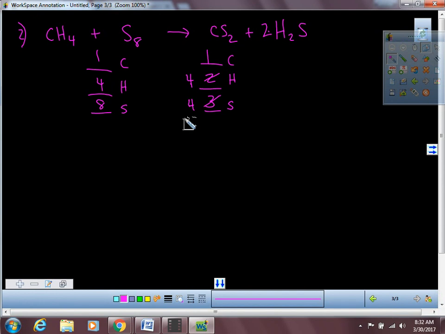I think I was trying to fix the sulfurs. What else can I do to it? Put a 2 in front of CS2, which gives me 2 and 4, 6.